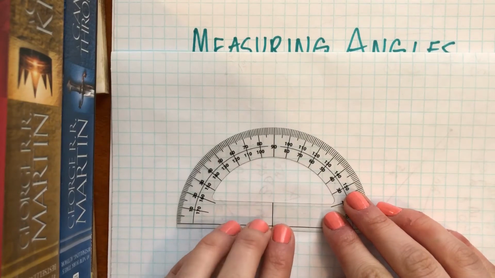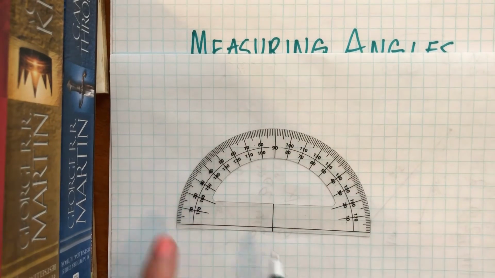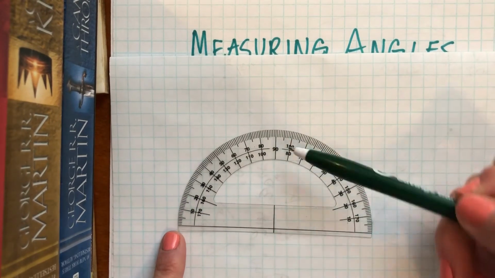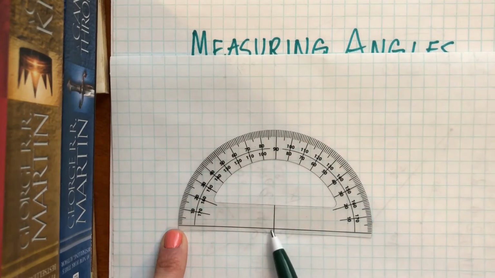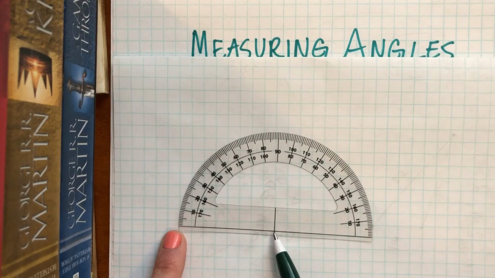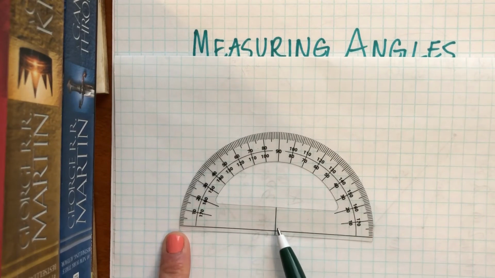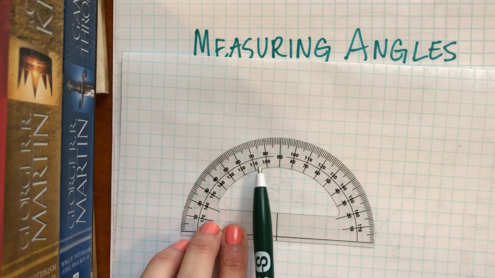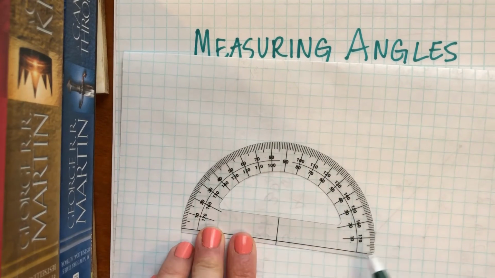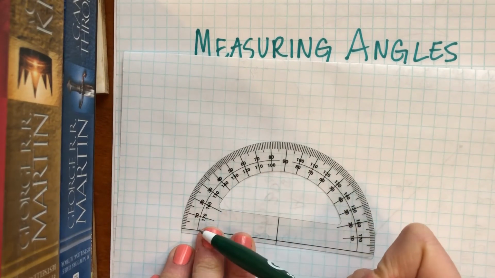If you look at your protractor, there's a line along the bottom here, and it intersects with 90 degrees right there, and it makes a little point. That is the point where we're gonna put our vertex on. And then there are two sets of numbers. There are numbers that come out this way and count all the way around from 10 to 170.